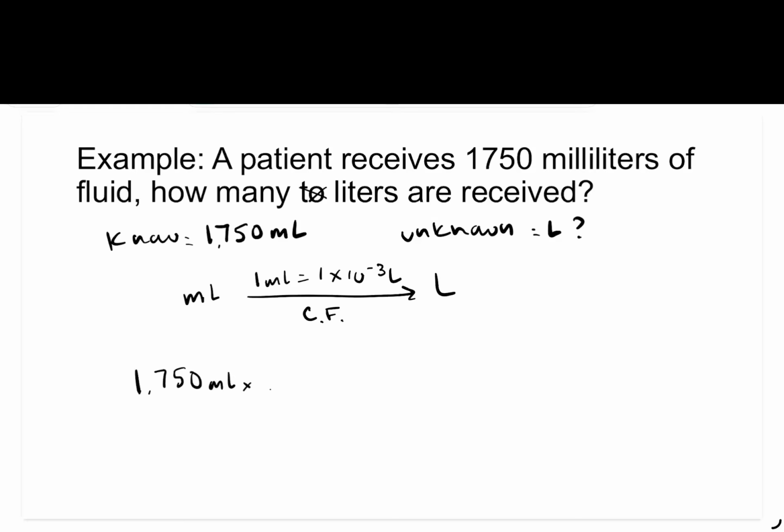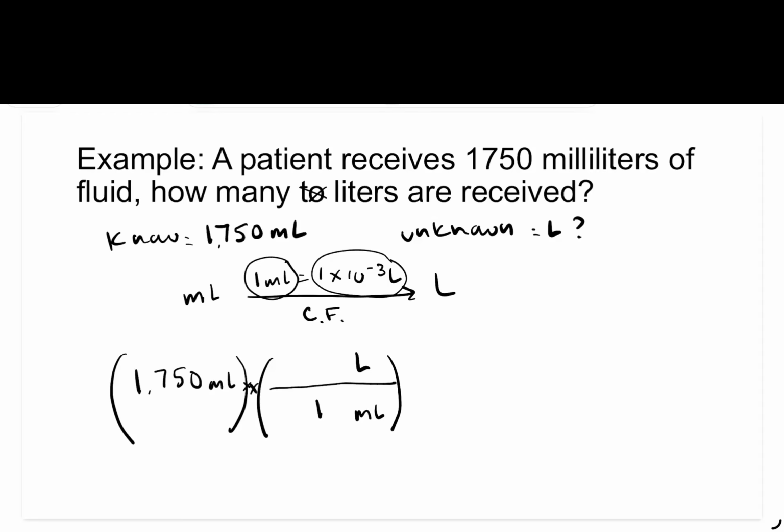milliliters. I'm going to write a conversion factor and I'll put some big brackets around here. And this is a multiplication in the middle. I need to cancel out milliliters, so milliliters goes on the bottom, and I want liters, so liters goes on the top. So now I'm going to write the number that's in front of the milliliters on the bottom, so 1. The number that's in front of the liter on the top, 1 times 10 to the minus 3. And I'm going to check my units.